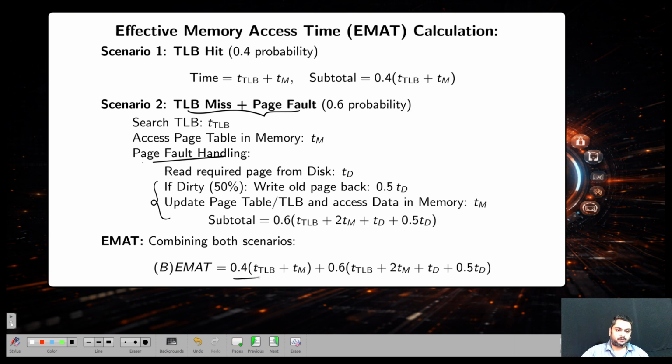So on a TLB hit, do the memory access. If it is a miss, then the TLB search penalty plus 2 times the memory access to get that address, and then disk access plus, if it is dirty, 50% of the time I have to write it back. So this is the final answer.